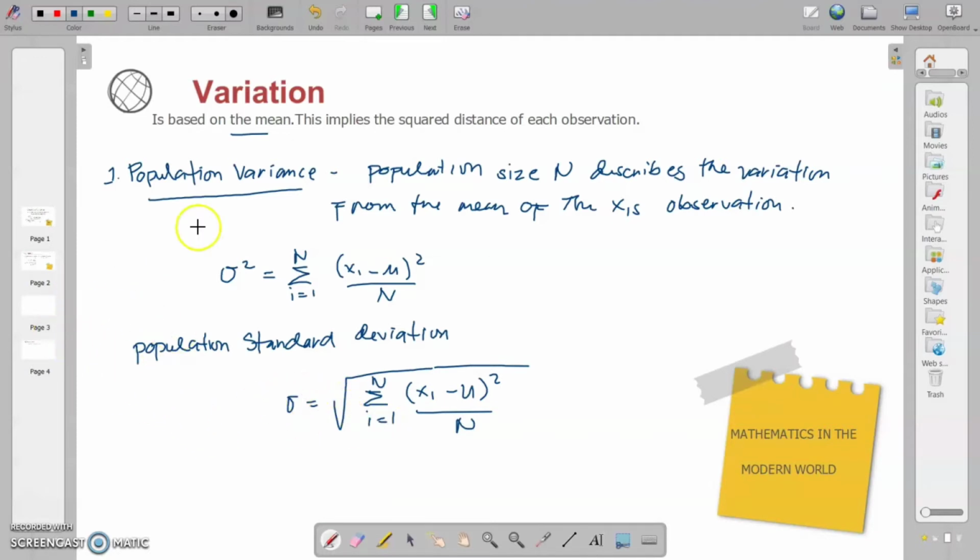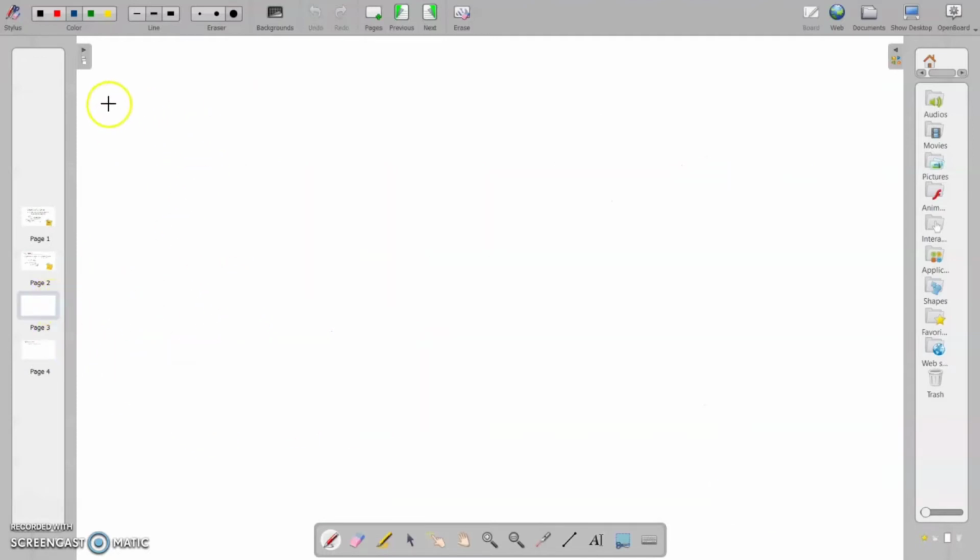Next, the second part is the sample variation or variance.